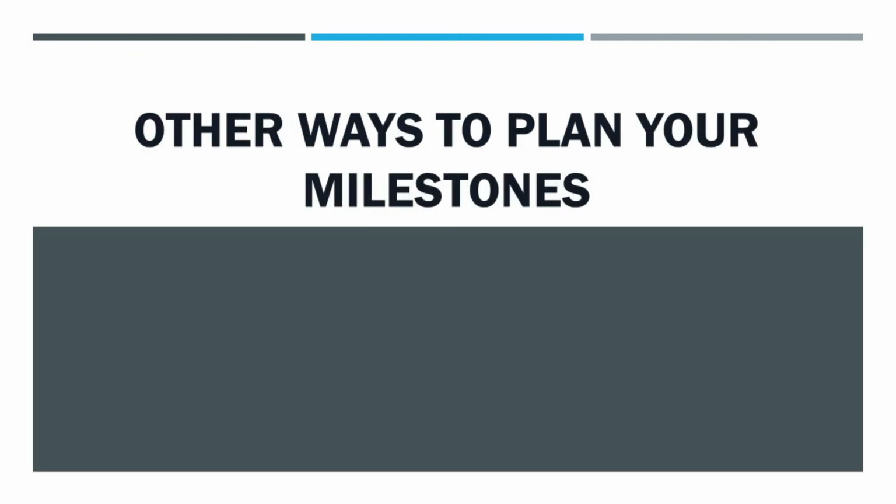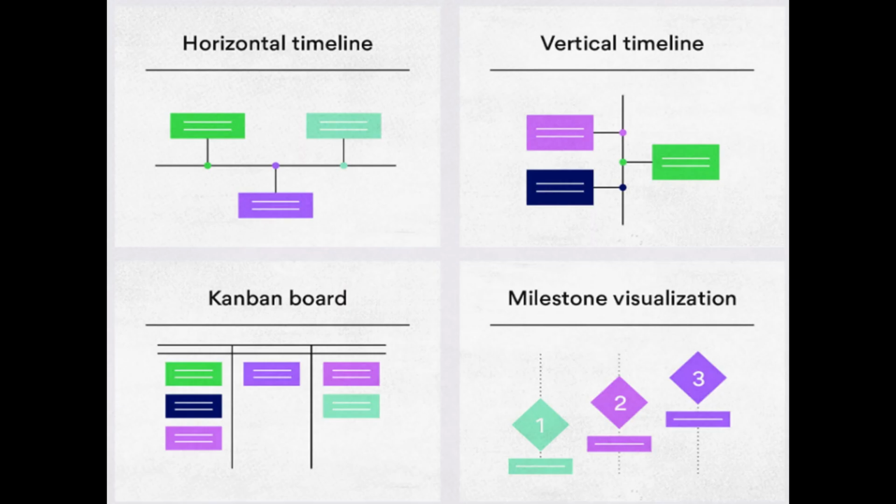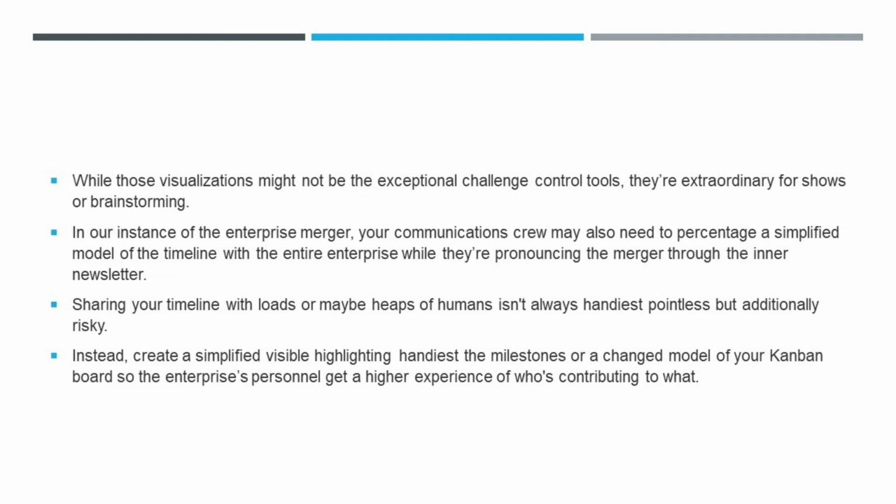Other ways to plan your milestones. Horizontal timeline. Vertical timeline. Kanban board. Milestone visualization. While these visualizations might not be the best project management tools, they are great for presentations or brainstorming.